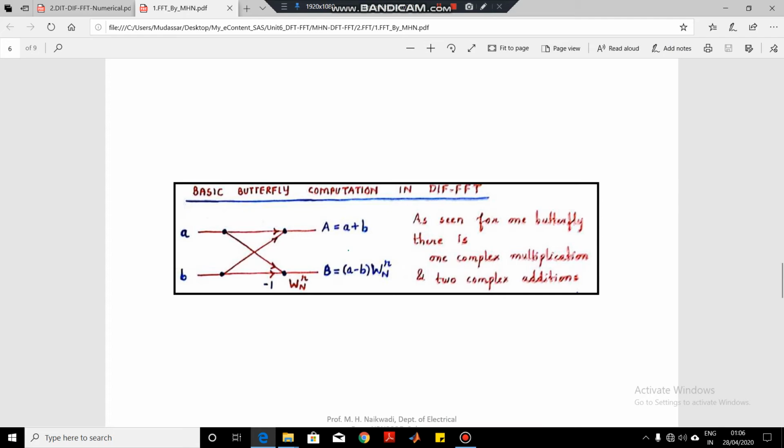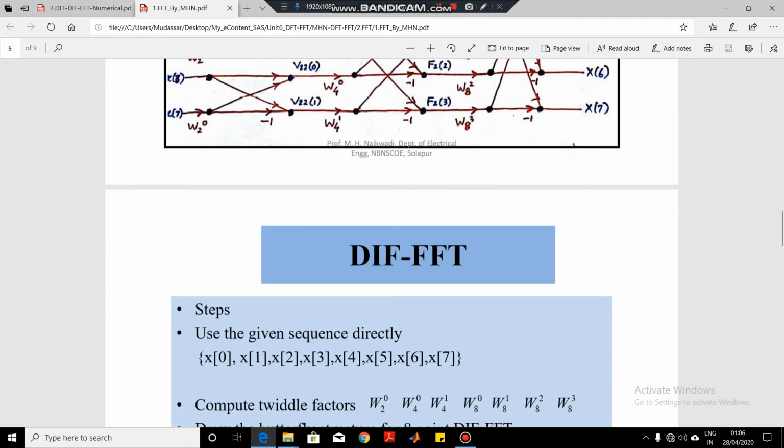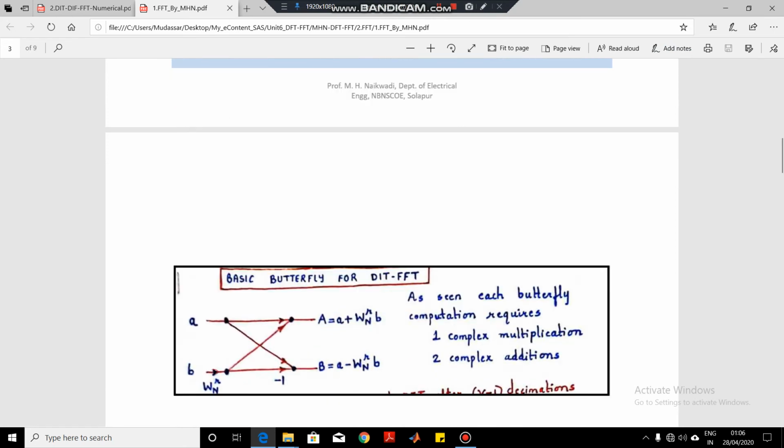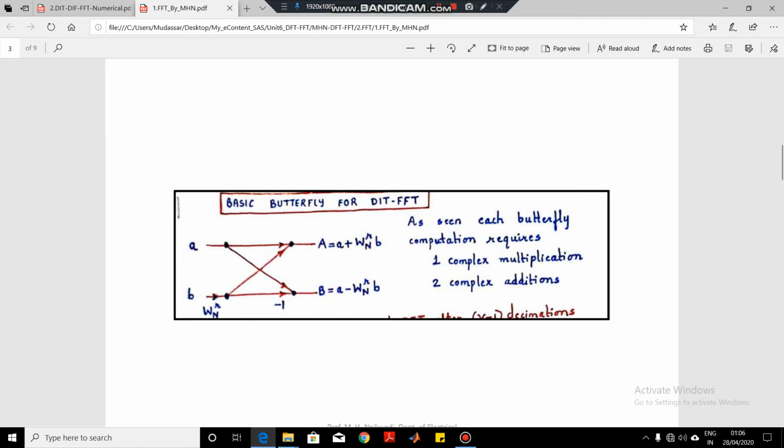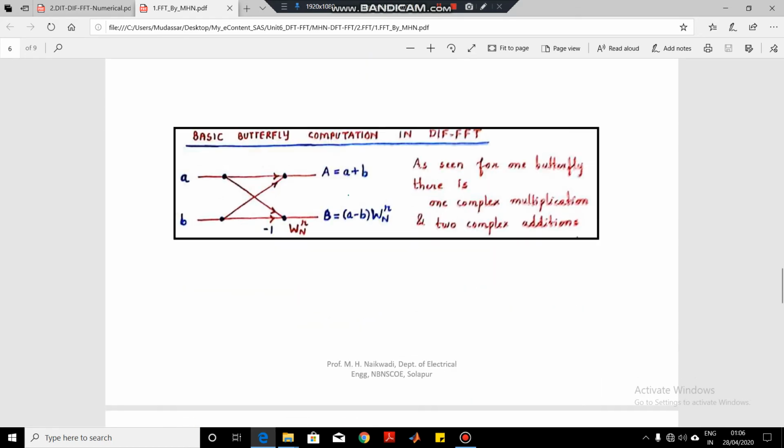This is the basic butterfly structure of the DIF FFT algorithm, and this is the basic butterfly structure of the DIT FFT algorithm. In DIT FFT, the twiddle factor comes first and then the -1 sign. But here, first we have the -1 sign, then the twiddle factor. According to this change, the output of the butterfly is different, so we have to make a note of this.